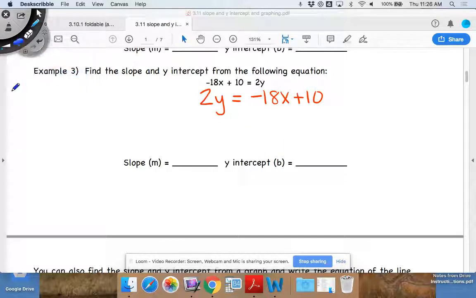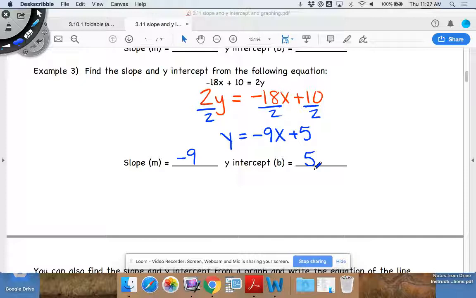Now what do I do? Divide everything by 2. So I would get y equals negative 9x plus 5. So what's my slope? Negative 9. What's my y-intercept? 5.